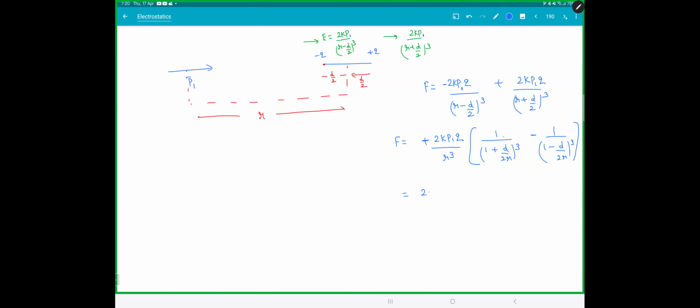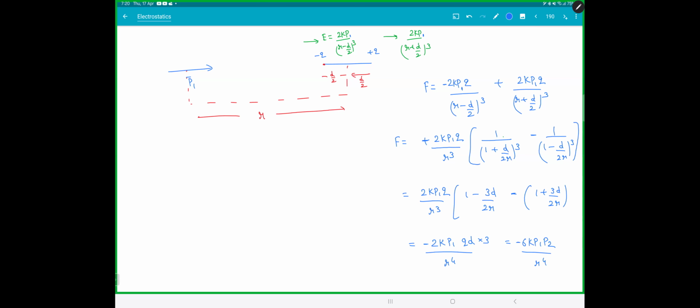If it goes up, you will get 2 kp1q by r cube, this will be 1 minus 3d by 2r, 1 plus 3d by 2r. Same stuff. So this will be 2 k p1 q into d by r power 4 into 3. This will be minus 6k p1 p2 by r power 4.